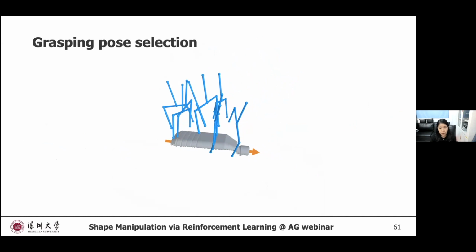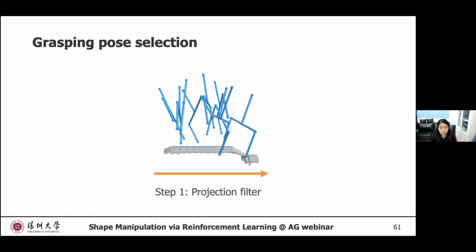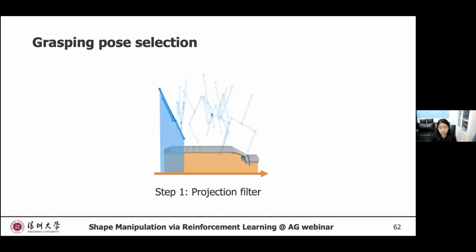So we propose a grasping pose selection method based on the upright direction. The first step is the projection filter, where we project the input scan and the gripper key points onto the upright direction. If some part of the gripper projection lies outside the scan projection, the gripper will collide with the table while placing the object.